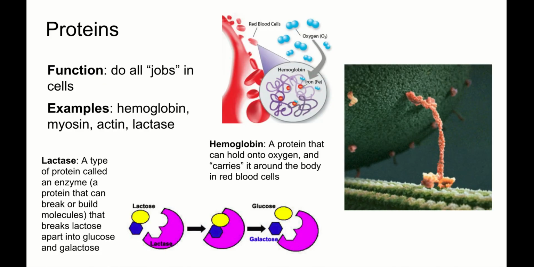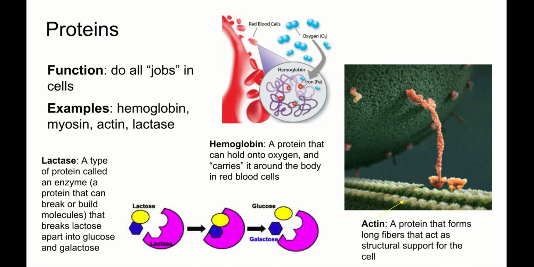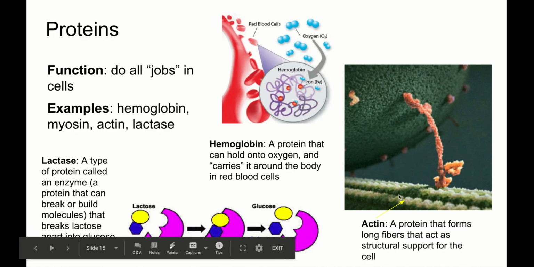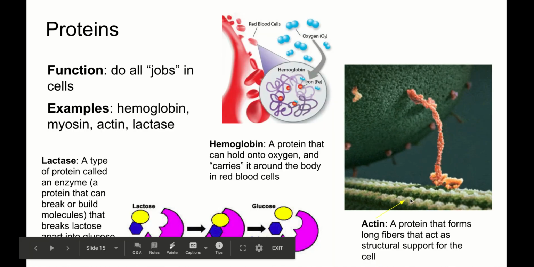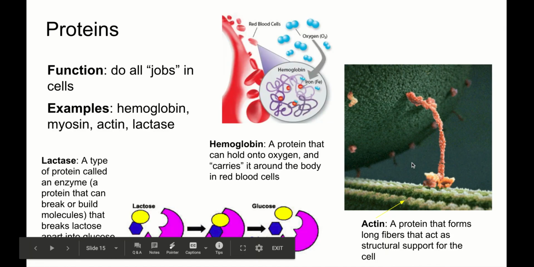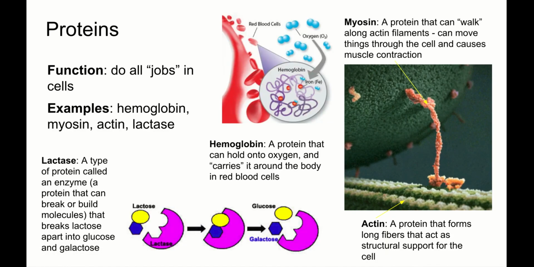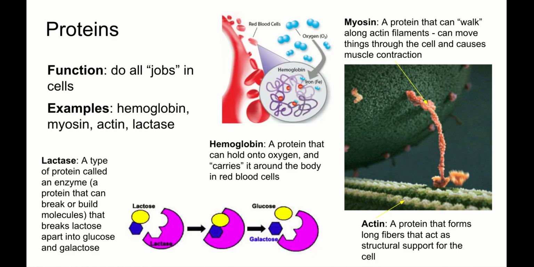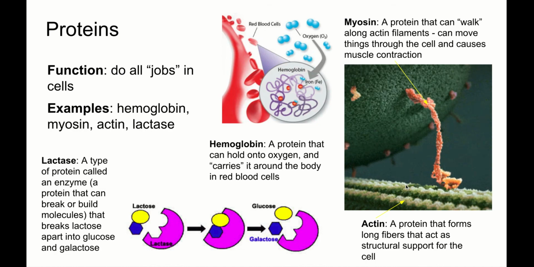And here is my favorite pair of proteins because they're so cute. Down here on the bottom, this wire is actin. This is a protein that forms long fibers that act as structural support for the cell. And this little cutie is myosin. This is an amazing protein that can move. It can walk along actin filaments.